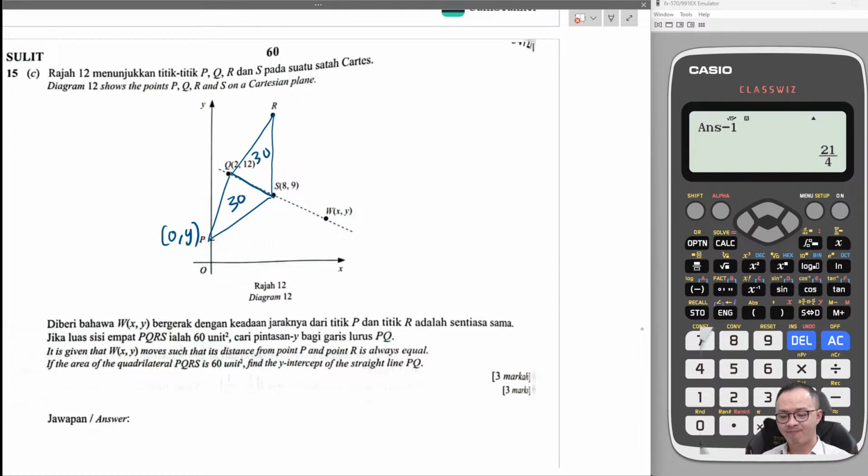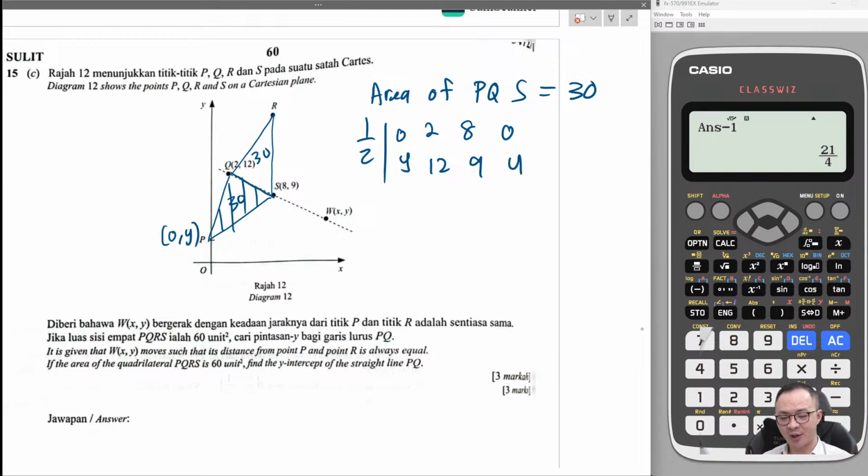So I will take this triangle to solve. I will say the area of PQS is 30. So 1/2 modulus, coordinate P is (0, y), Q is (12, 2), R is (8, 9), back to (0, y), equals 30. I will solve this one and get the y.